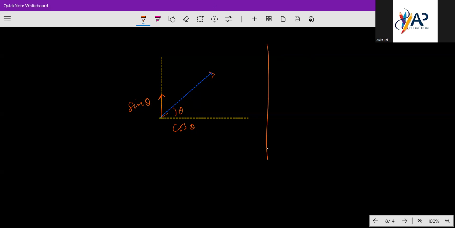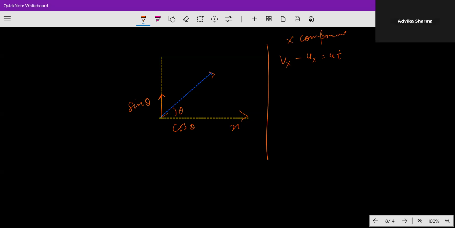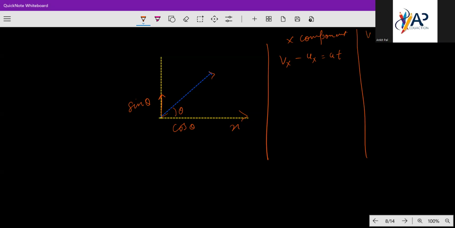If we calculate velocity or even the acceleration, in the x-axis we use vx minus ux equals at for the x component. For the y component, we can use vy minus uy equals at, right?